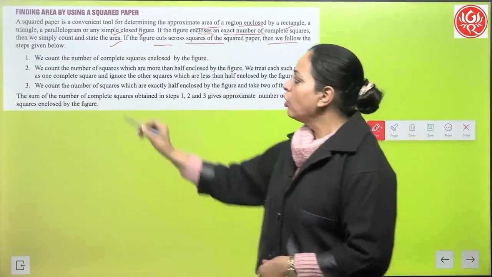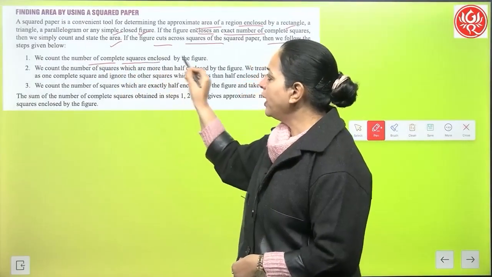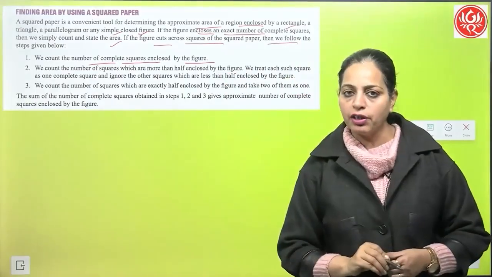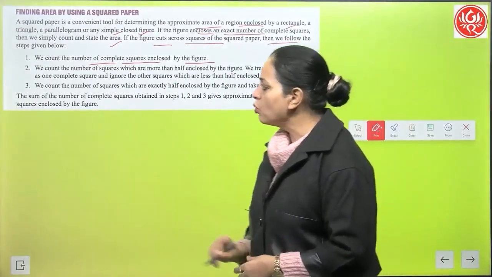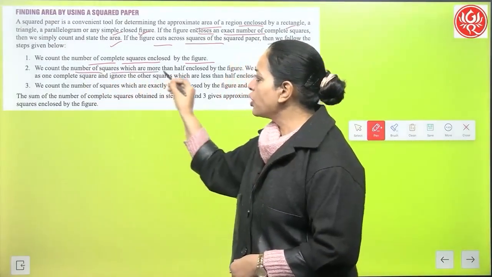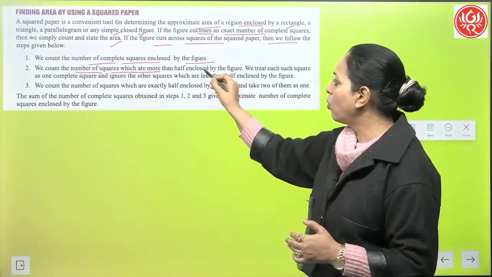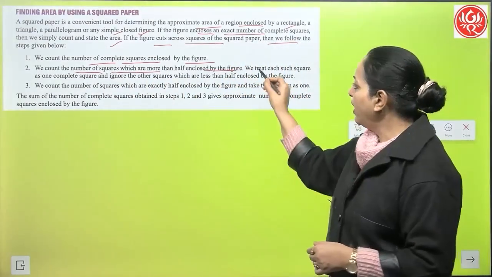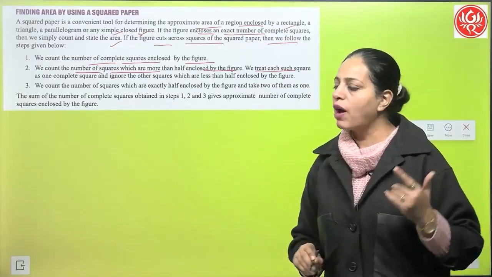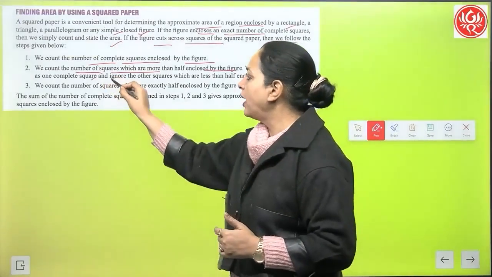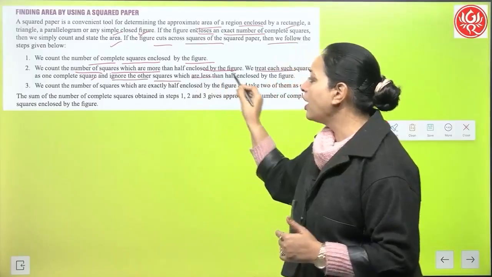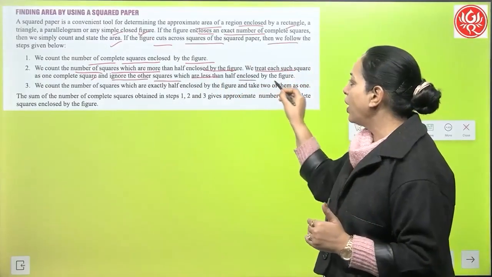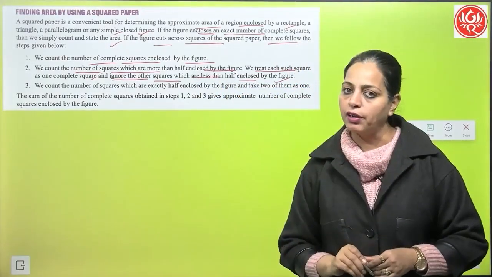The first step: we count the number of complete squares enclosed by the figure, right? Then step 2: we count the number of squares which are more than half enclosed by the figure. We treat each such square as one complete square and ignore the other squares which are less than half enclosed by the figure, right?